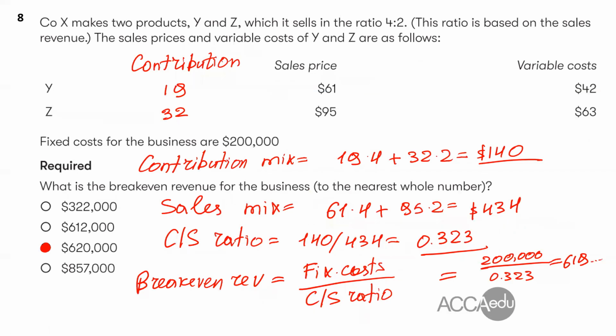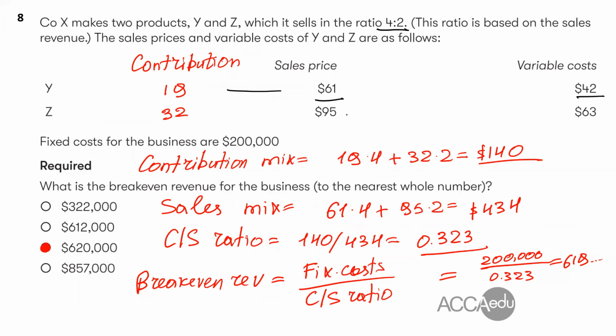For the next question, coax makes 2 products, Y and Z, and we're given the constant ratio. What's the break-even revenue for the business? Firstly, let's find the contribution mix. Selling price is 61, variable costs are 42, and our contribution is 19.